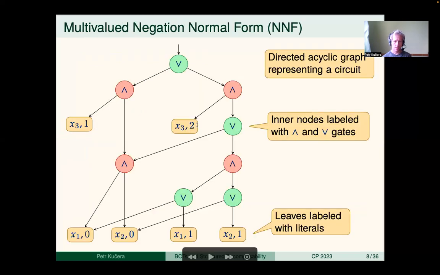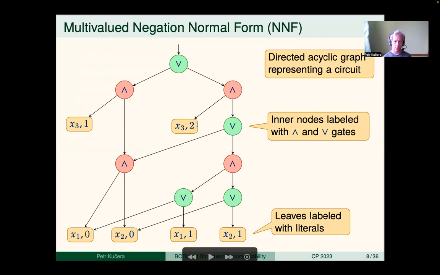So let's start with negation normal forms. A multivariate negation normal form is a circuit, or a directed acyclic graph that represents this circuit, in which the root node represents the output of the circuit.